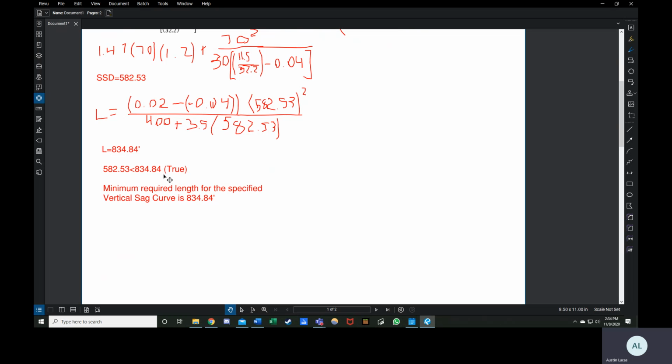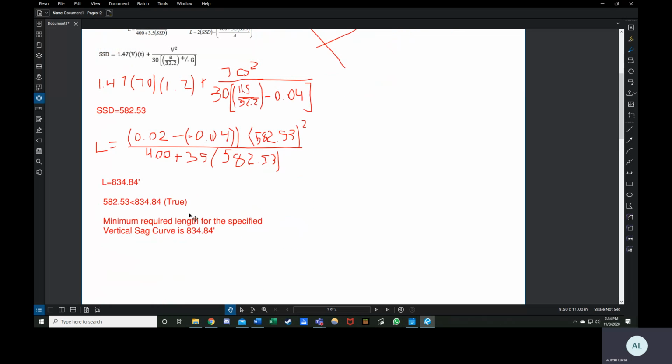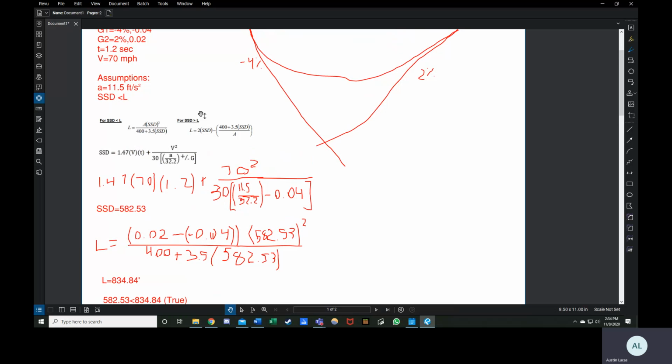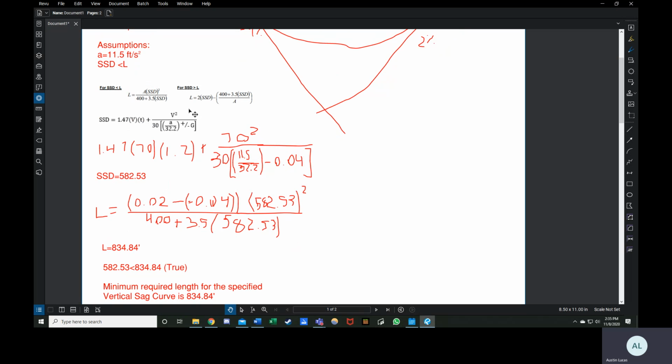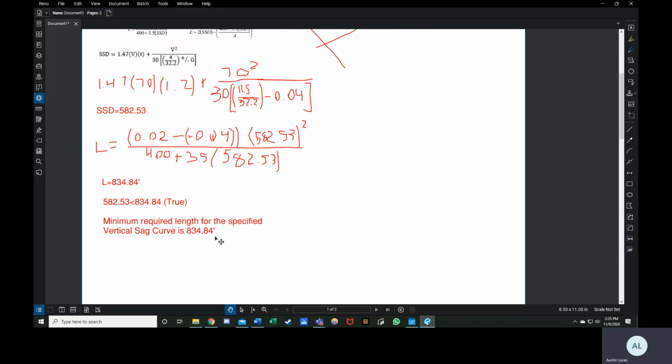If this were untrue, or a false logical statement, we would come back up, plug our SSD into the other equation, and test that logical statement. If that were true, that would give us our minimum length. But we found that this one was true, so our minimum length is 834.84.